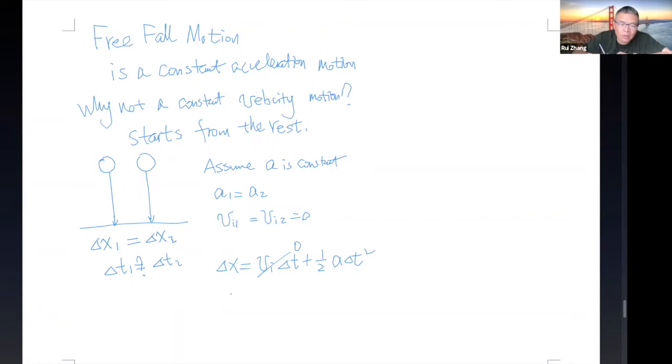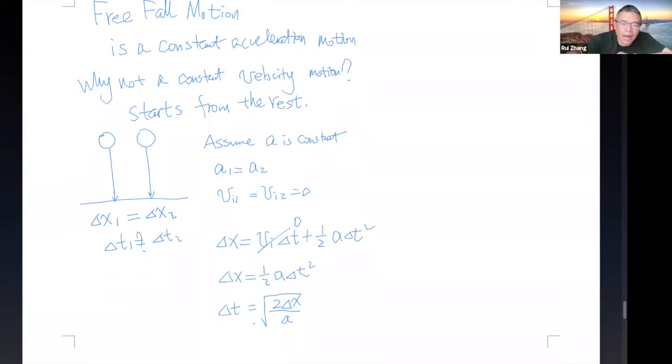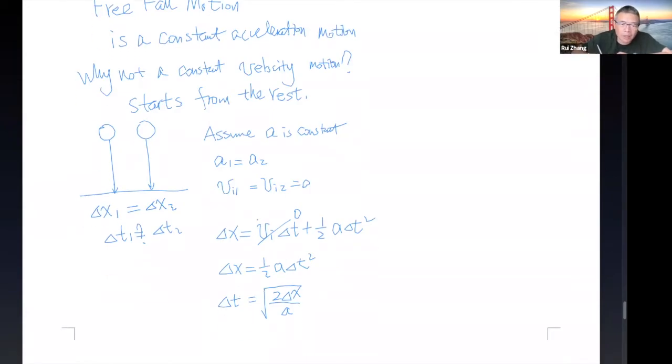So essentially, we just have delta x equals 1/2 a delta t squared. From there, you can solve for delta t. If you multiply by 2 and divide by a, and then take the square root, you have delta t equals the square root of 2 delta x over a. So this is the expression for the time if we assume constant acceleration.